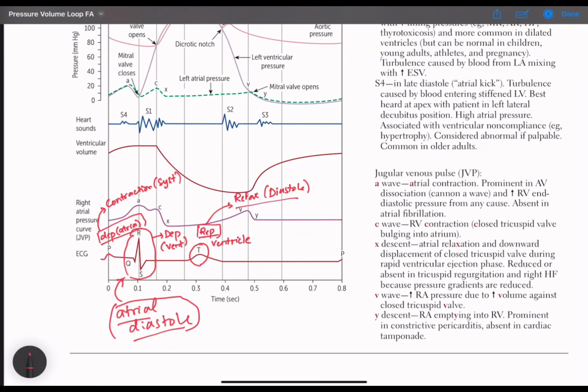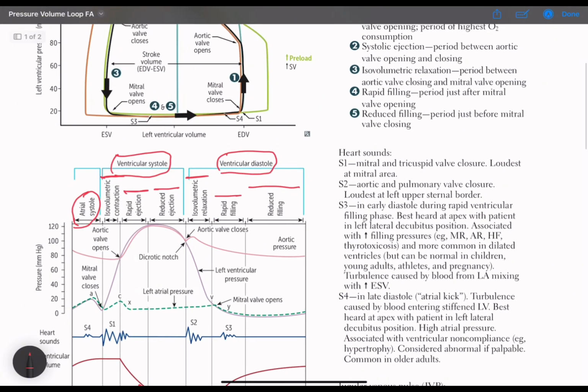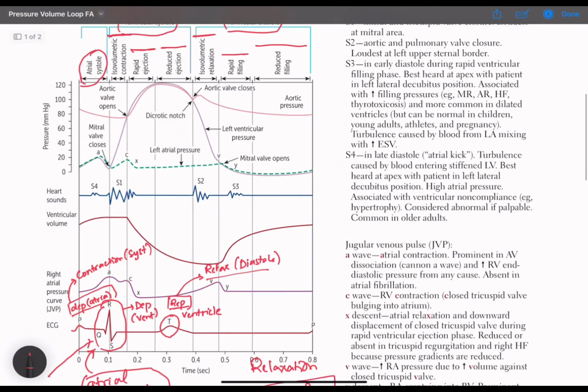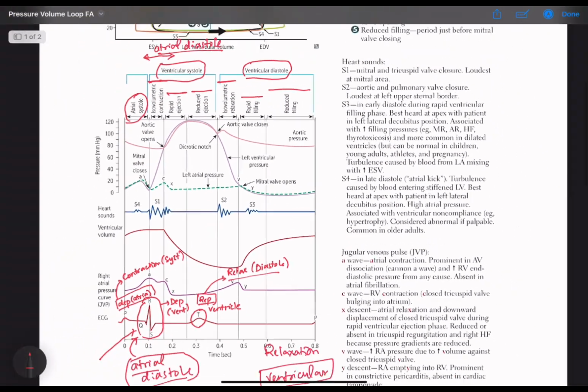When the ventricle is contracting at that particular instant, we have the relaxation of atria. So the relaxation of atria is masked by the ventricular systole phase. So actually, atrial diastole is occurring at this moment. This is the phase of atrial diastole. This was all about electrical activity of our heart.